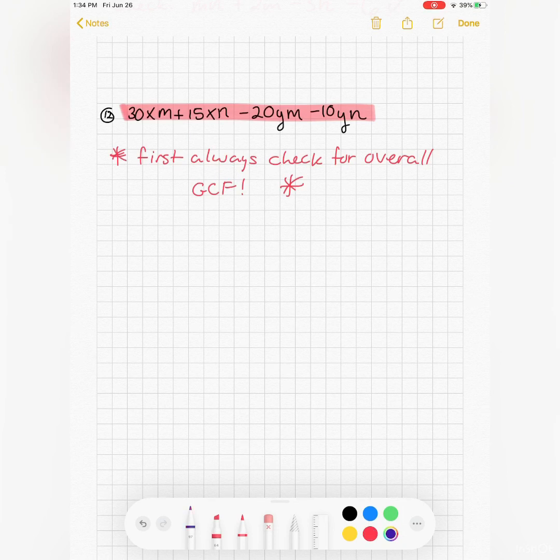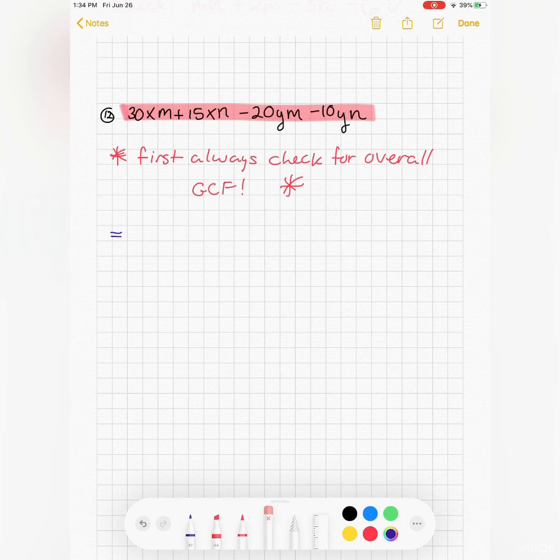Because if there's a GCF overall, I always want to take that out first. Then let's see, so I'd have a 3xm. Oh, I can't do 10, can I? Because 15 is not divisible by 10. But I could do 5.